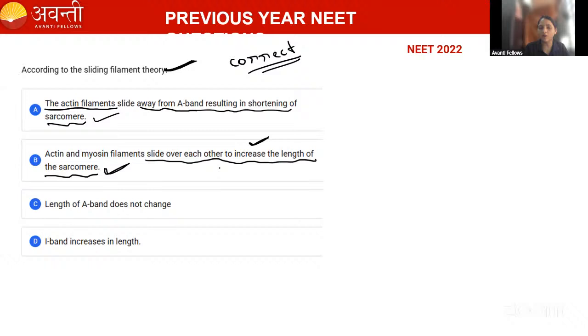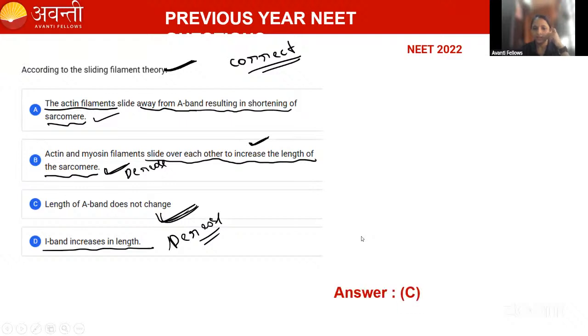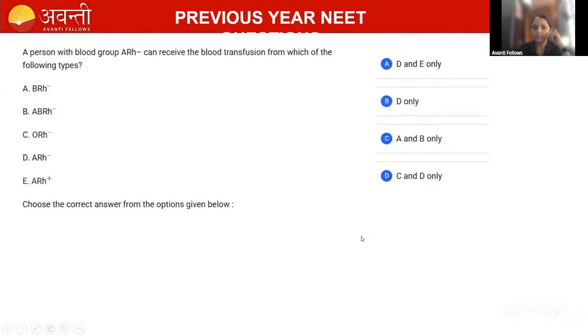That is correct, but not sliding away. Then coming to the actin and myosin filaments sliding over to increase the length of the sarcomere: no, it will decrease. The length of the A band does not change: correct. The I band increases in length: no, it decreases. Right? So this question was asked in NEET 2022.